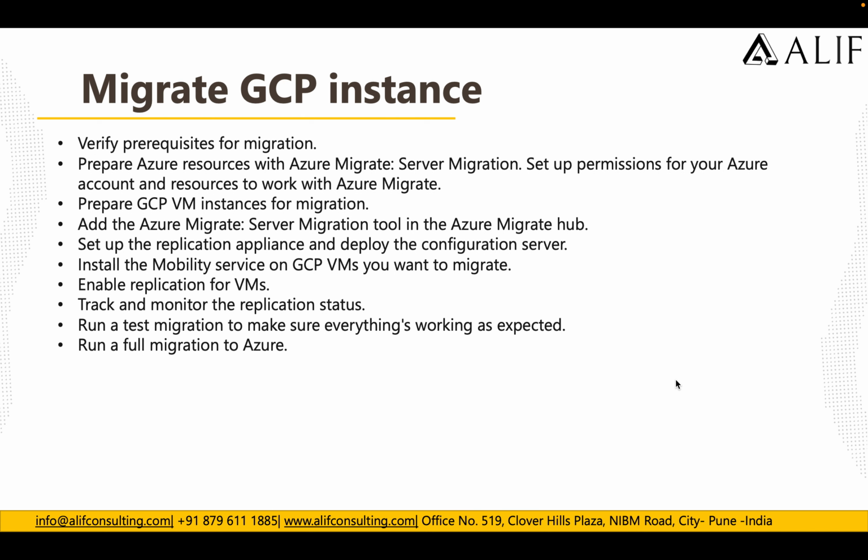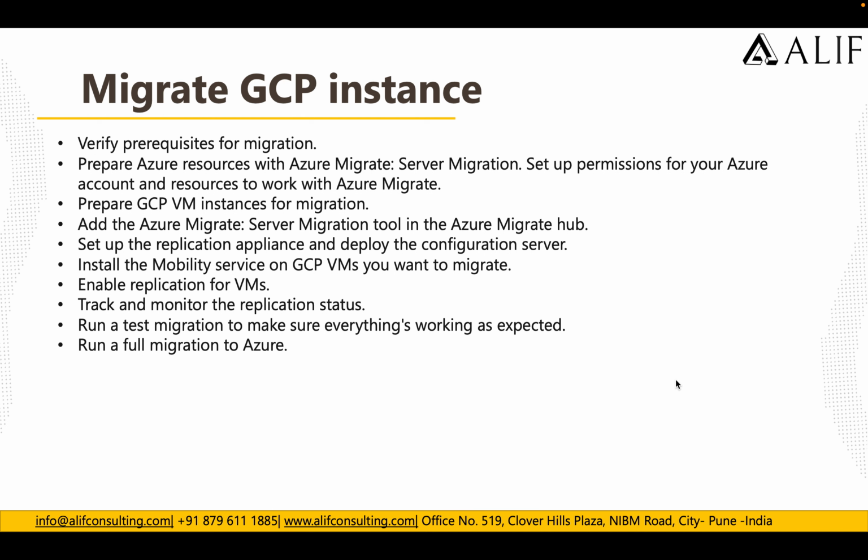The full migration allows us to migrate the whole VM from the latest snapshot and create that VM in Azure. At the same time, keep in mind your VMs in GCP are not impacted in that case.